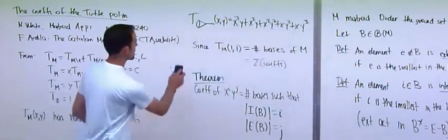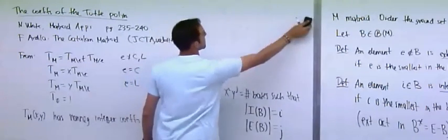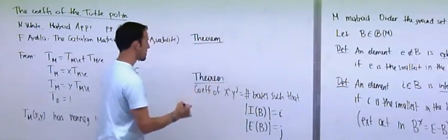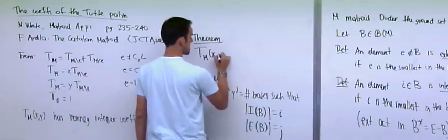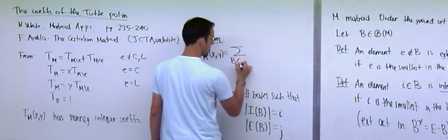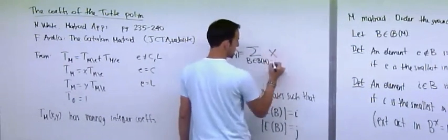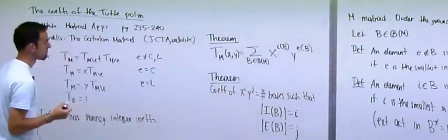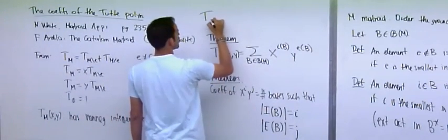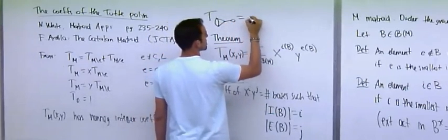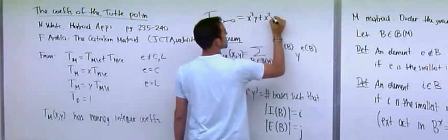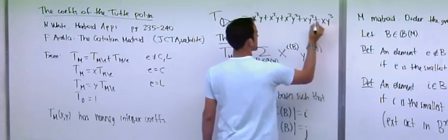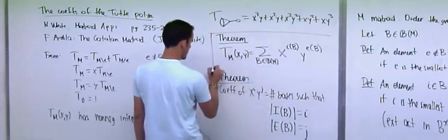In other words, the Tutte polynomial of a matroid is equal to the summation over all the bases of x to the number of internally active elements, y to the number of externally active elements. So that's my theorem. Not my theorem, that's Crapo's theorem.